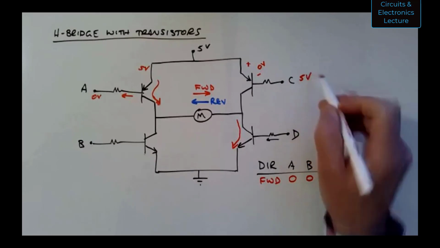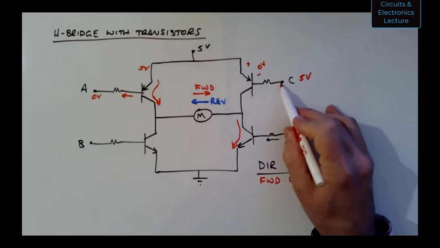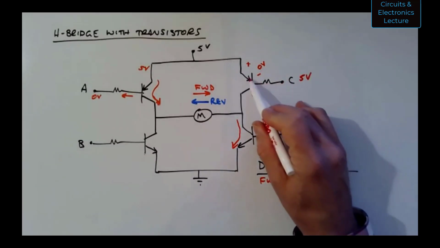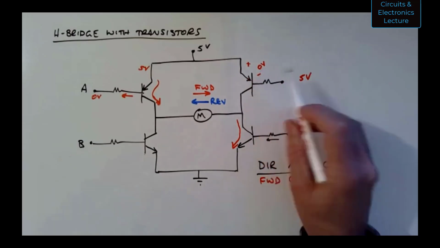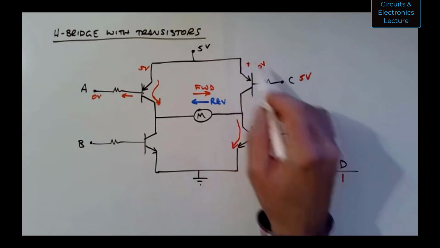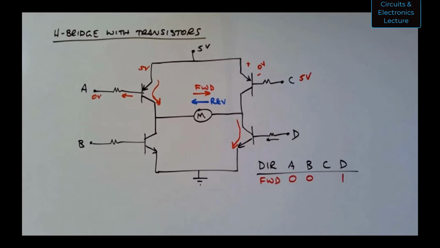I apply 5 volts at C. So I have 5 volts on one side of this resistor-diode combination, 5 volts on the other side, 0 volts across. That transistor is in cutoff. So these logical values are how you control these 4 transistors to make that motor turn forward.